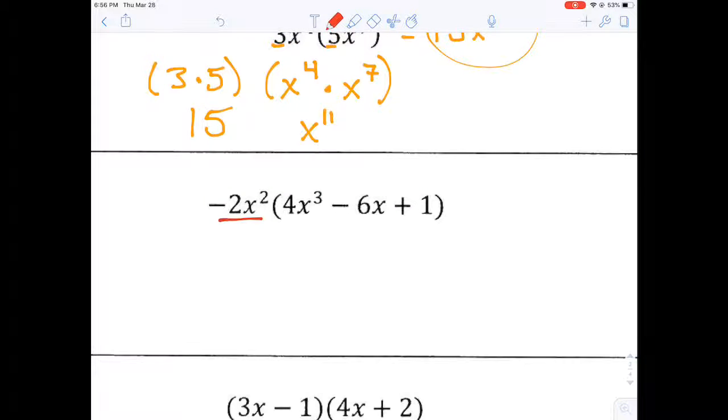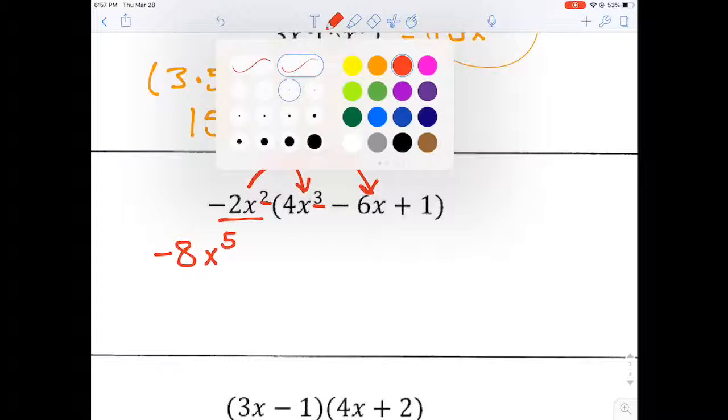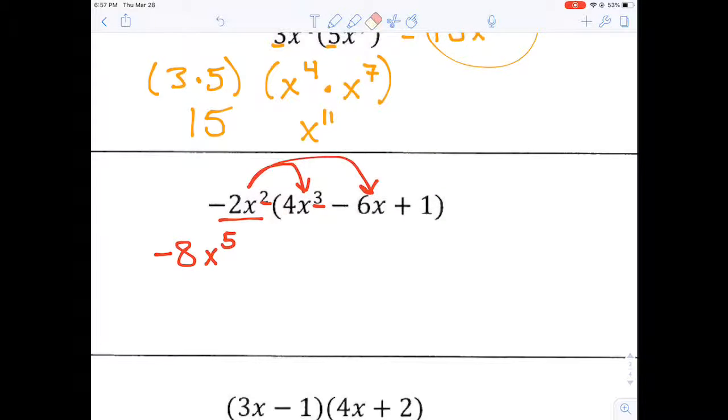So I'm going to start with negative 2x squared getting multiplied by 4x to the third. So I'm going to do negative 2 times 4, which would be negative 8. And then x squared times x to the third, I'm adding my exponents, so I get x to the fifth. Then I go to the next term.